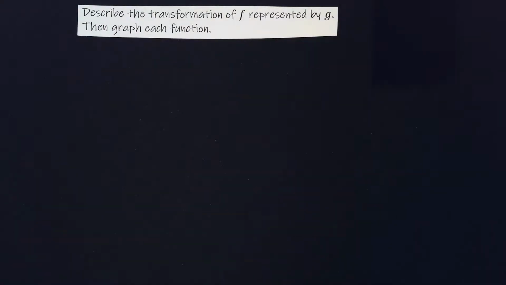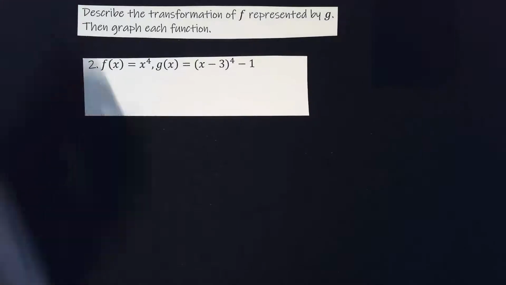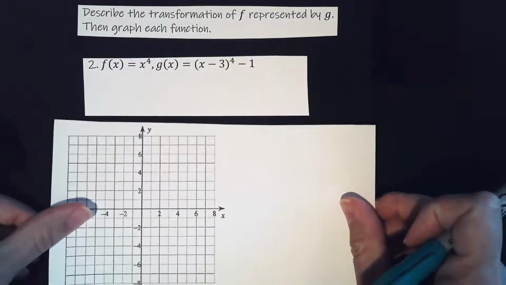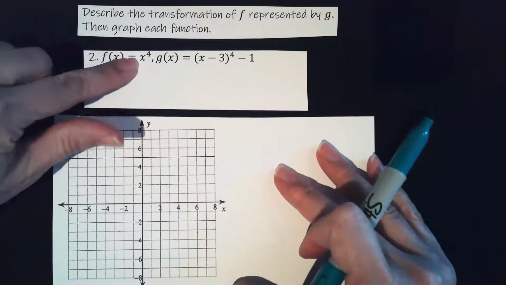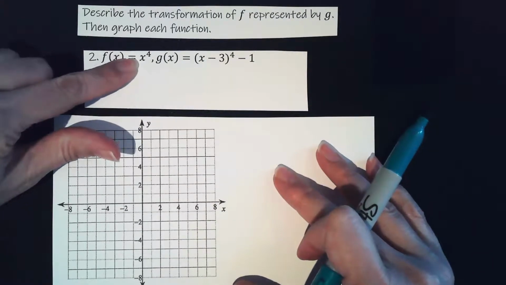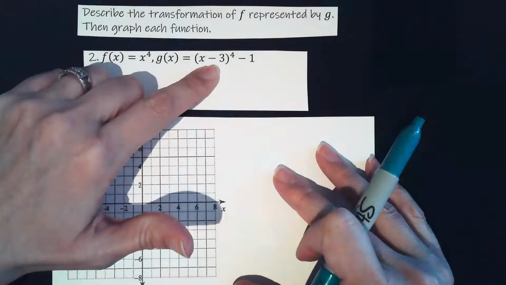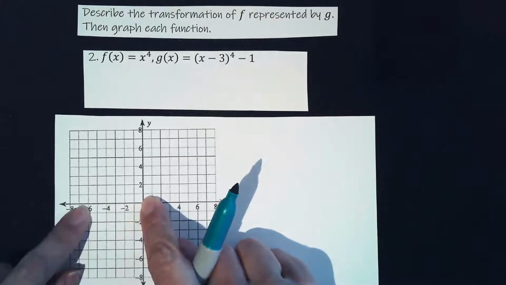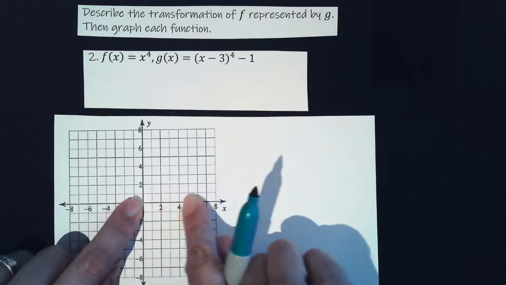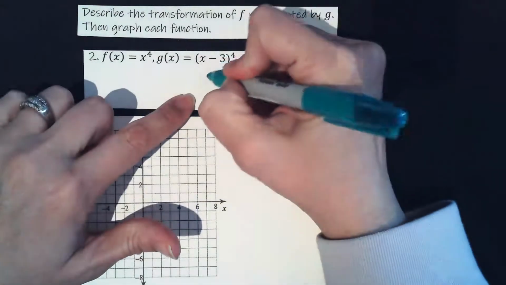All right, so number 2 is now not an x cubed function. This parent function is x to the 4th. Grouped with x, I have a minus 3, and remember, instead of going negative 3, it's going to do the opposite, and it's going to go right 3.